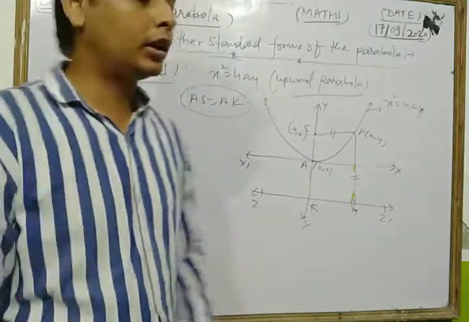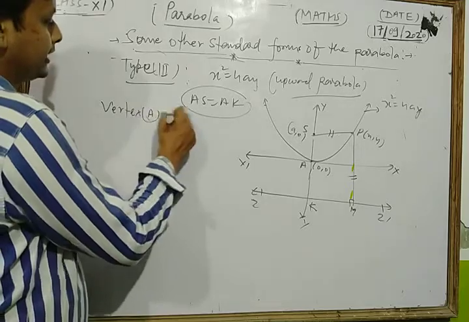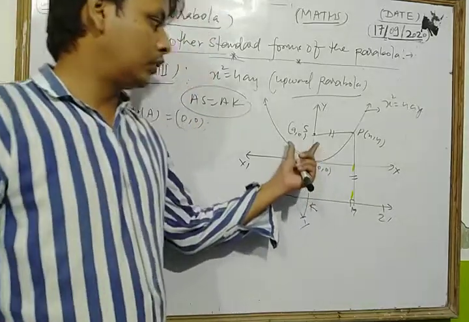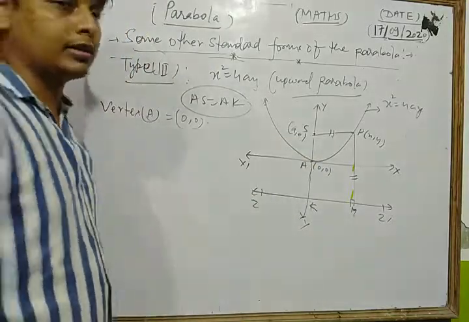In that type of parabola, the coordinate of the vertex A is always equal to (0, 0). Okay, now dear student, the second important thing, the coordinate of the focus.